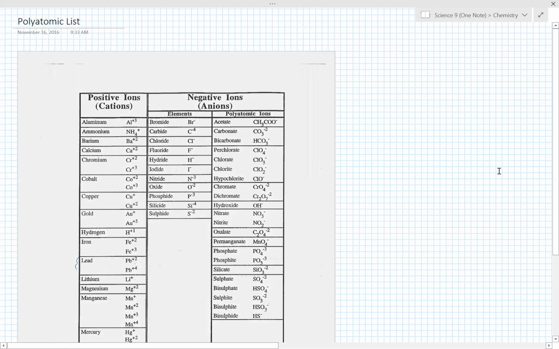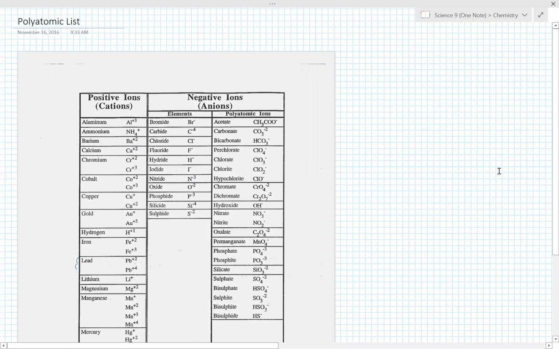The 2 is right there, and the 1 will be right down here. Okay. Now, I just can't emphasize it enough that you need to write down the multiplier. It's not the charge, it's the multiplier.